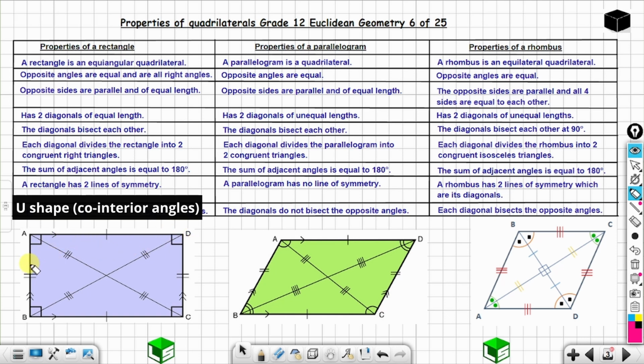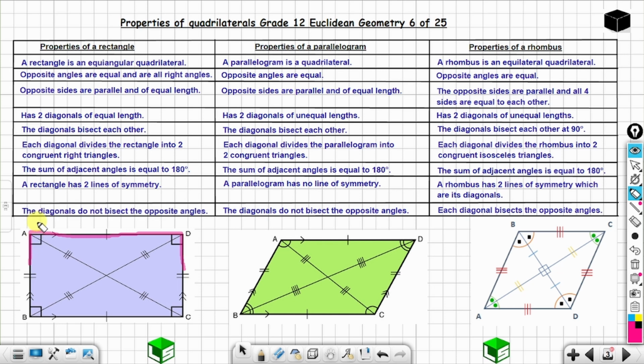You can see your U shape. Can you see the U shape? This side is parallel to this side. You can also see this, the U shape. This side is parallel to this side.